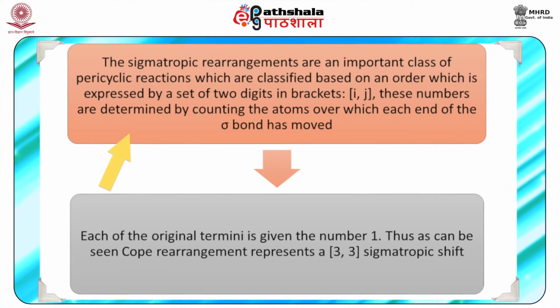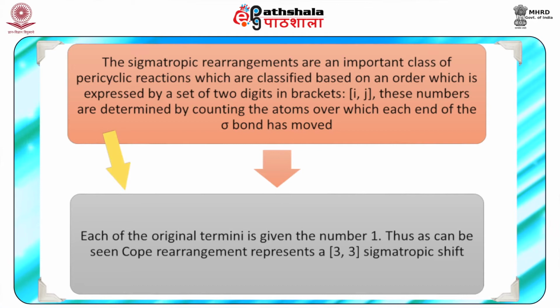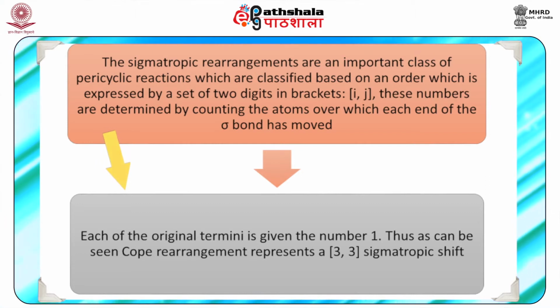These numbers are determined by counting the atoms over which each end of the sigma bond has moved. Each of the original termini is given the number 1. Thus, as can be seen, the Cope rearrangement represents a [3,3] sigmatropic shift.